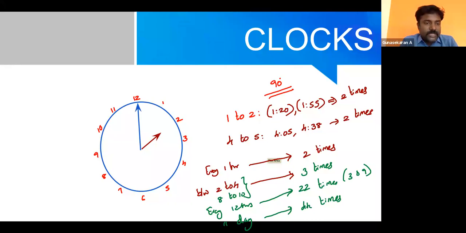So 0 degree missing because of 12 o'clock, 180 degree missing because of 6 o'clock, 90 degree missing because of 3 o'clock and 9 o'clock. 30 degree missing because of which time?